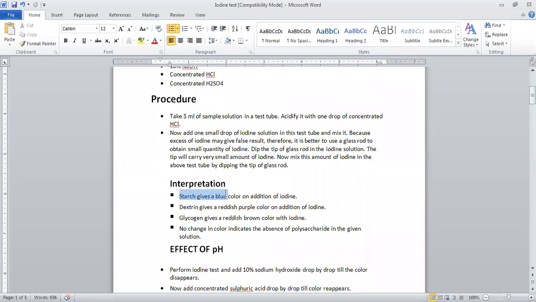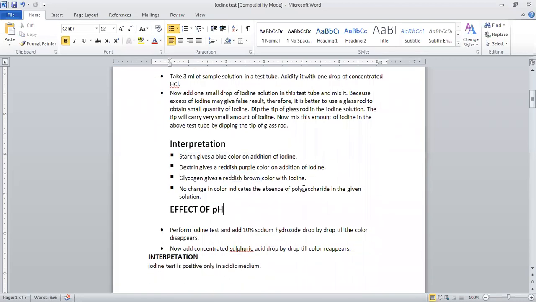If we have starch in the sample, in that case there will be blue color formation. If we have dextrins in the test tube, there will be purple color in the solution. And if we have glycogen, in that case, reddish brown color formation. This is how we can identify the polysaccharides in the sample by iodine test.